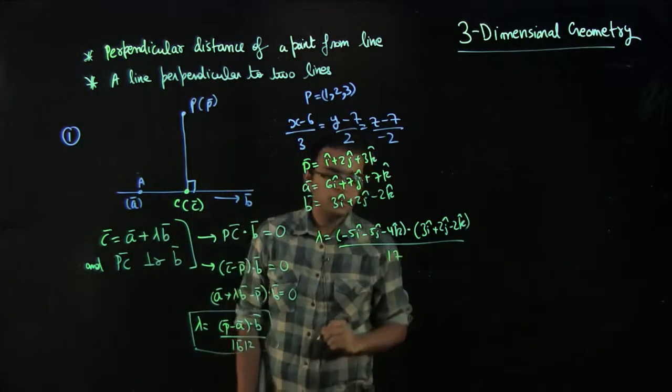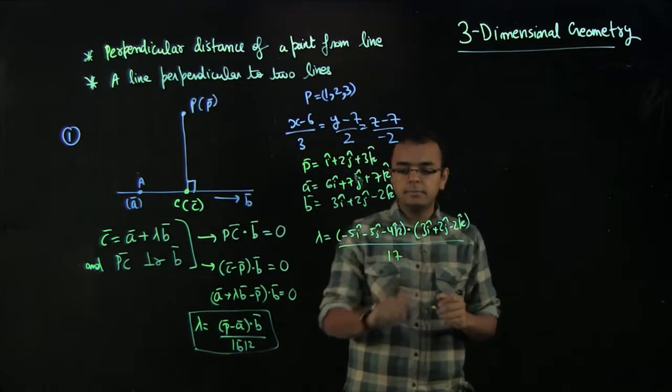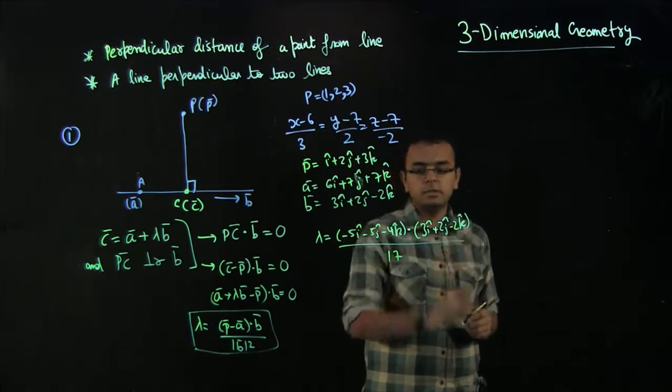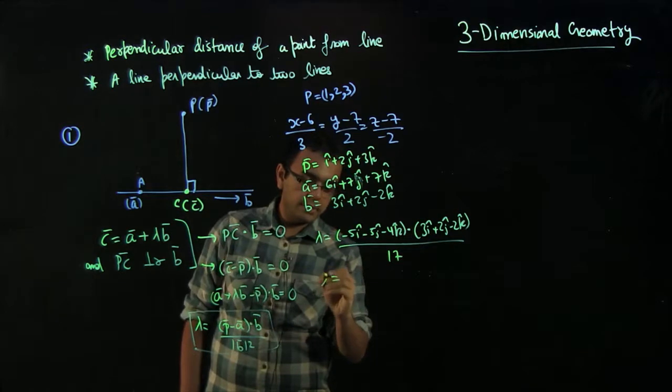If you do this, this will become minus 15 minus 10 plus 8, which is nothing but minus 17. So, lambda is equal to minus 1.